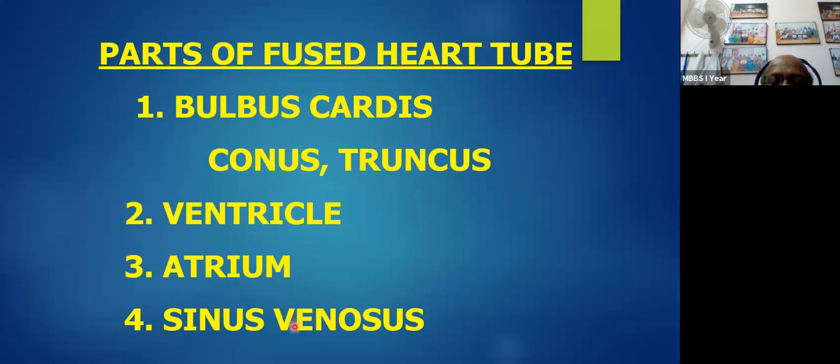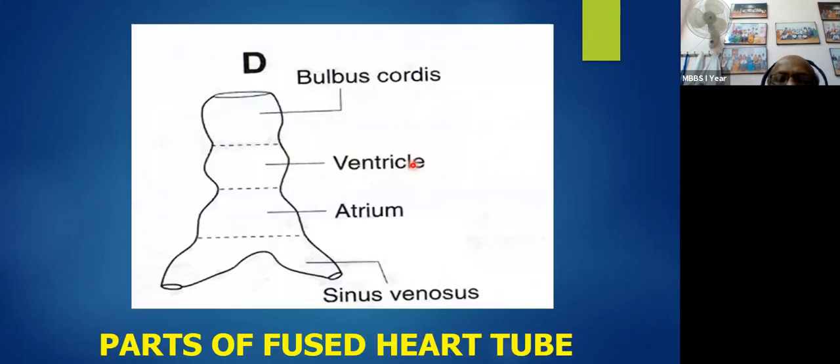The unfused part, where we have two ends, is part of your sinus venosus only. So this is important. You have to remember bulbus cordis, ventricle, atrium, and sinus venosus in order. The truncus arteriosus gives rise to the major arteries of your heart.